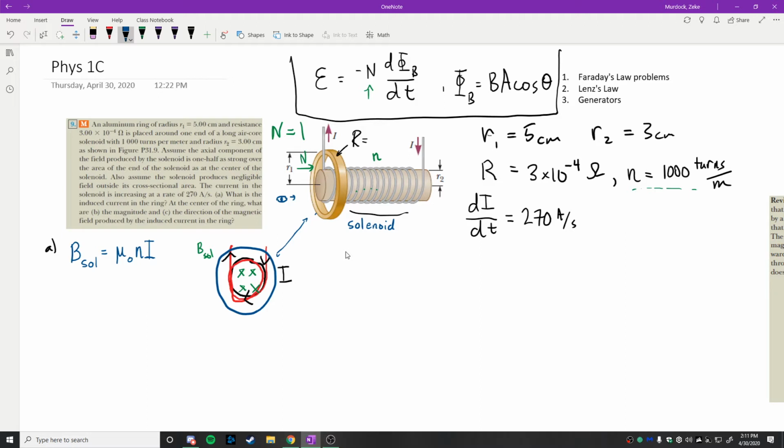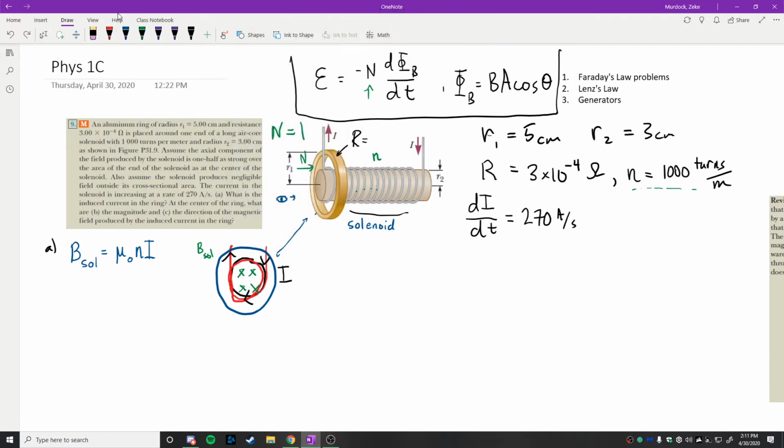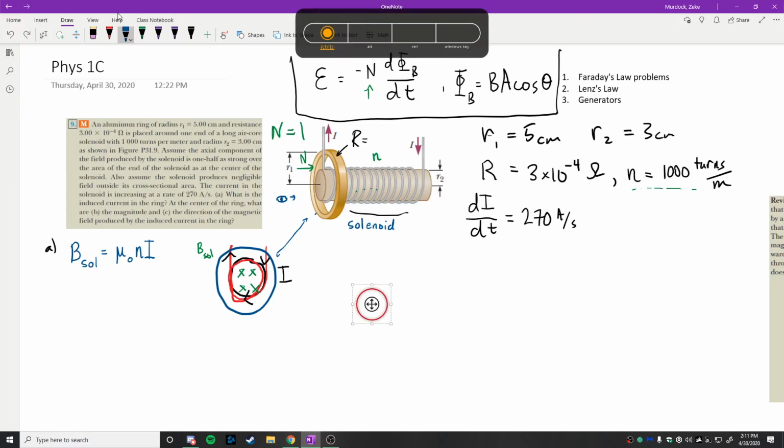We could even draw it maybe without the. Really, what we've got is basically a situation like this. I've got two rings. Yeah, let's make one of them red. Oops. Shapes. Let's make one of them red. We'll make the other one blue. Oops.